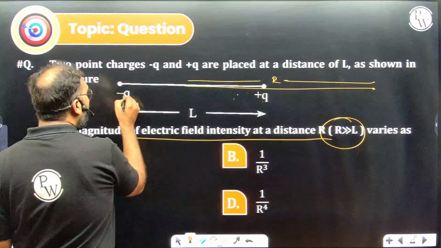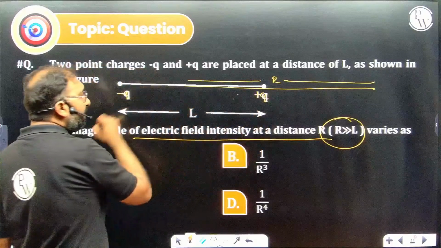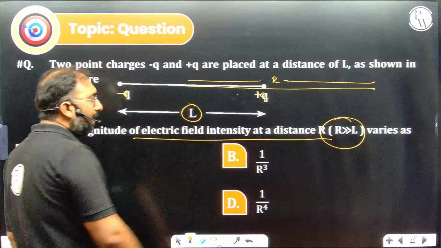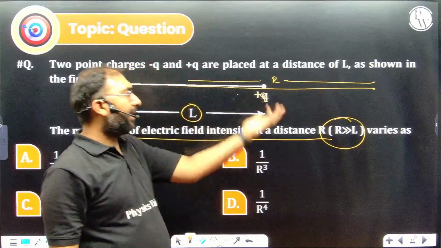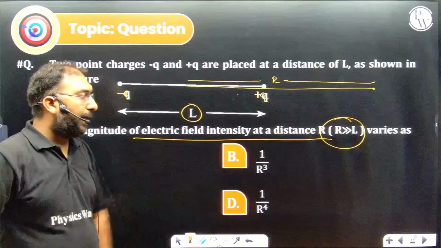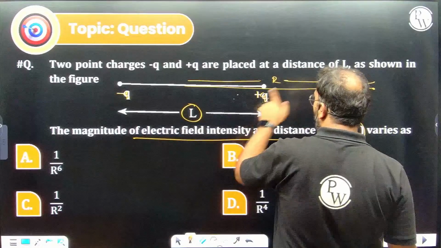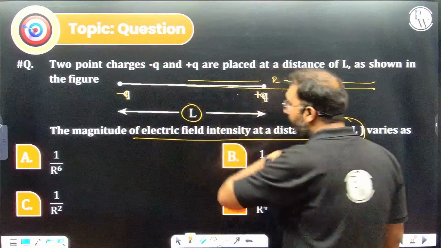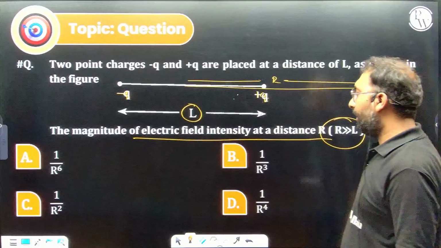This minus q charge and this plus q charge are placed at some separation L, and from the center of this dipole, if I take a point at a very large distance, then the electric field at that point can be derived by writing the electric field due to the plus q charge and the electric field due to the minus q charge, and then solving to find the net electric field.